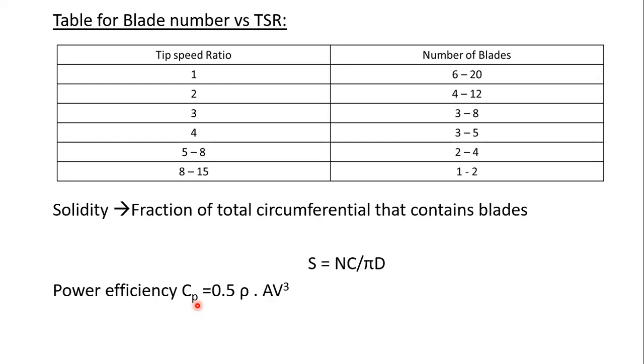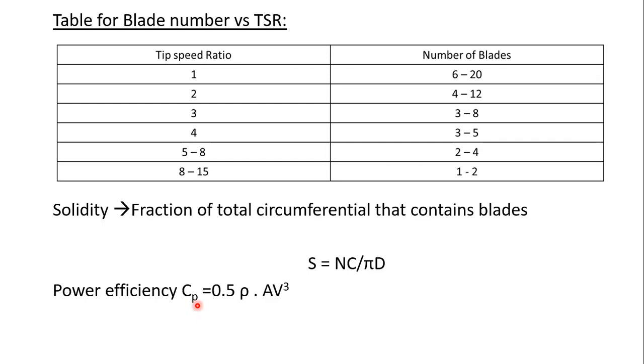This is the fraction of wind energy passing through the rotor disc that is converted into shaft power.